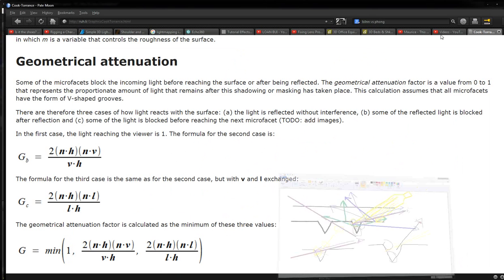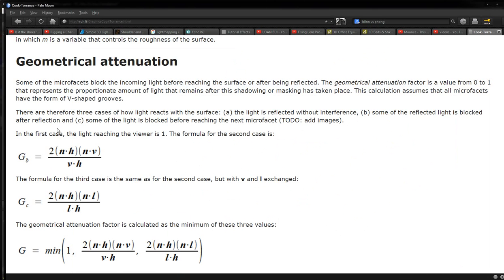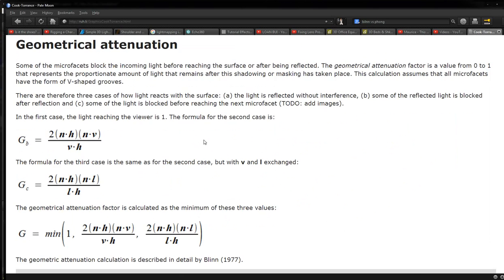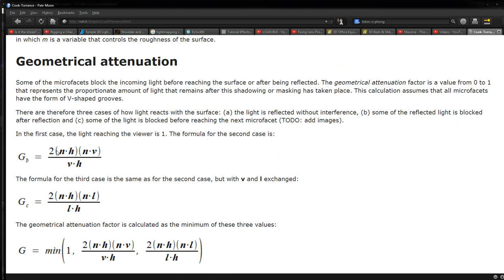So the geometric attenuation, let's see, these are the different cases. So this, I think, is the one for the light is reflected without interference.